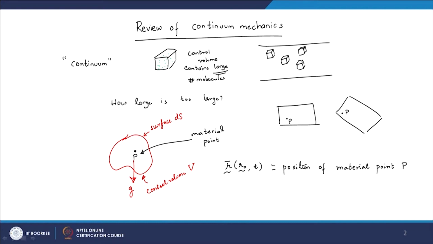I am using the tilde here for the vector, and the above thing is for the fact that it is a changing position or it is a function of time t, and this is the position of P at t equal to 0.